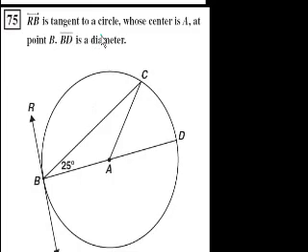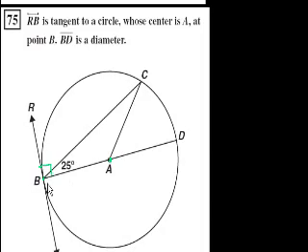RB is tangent to a circle, right? Tangent means that it just touches the outside of the circle right there at only one point, and it's actually perpendicular to the radius at that point. So this is the radius at that point. The center is at A. This is a radius, and it's tangent at point B, so it's perpendicular to the radius at that point.